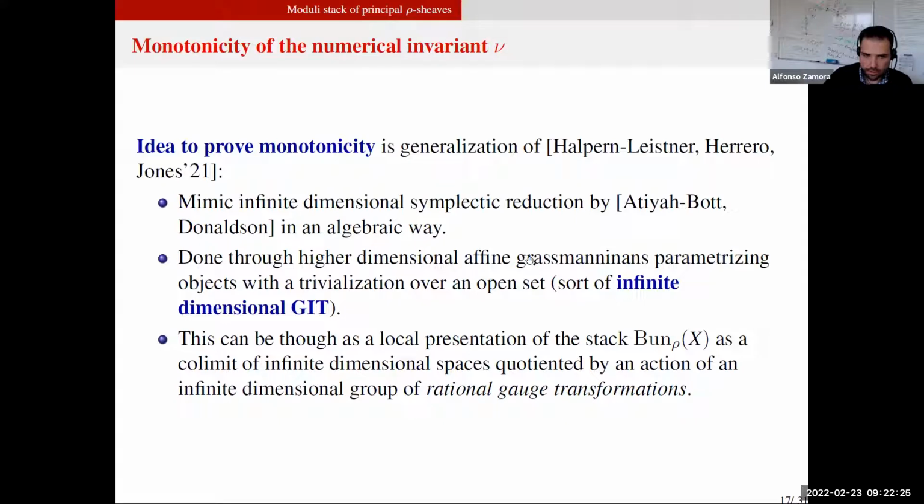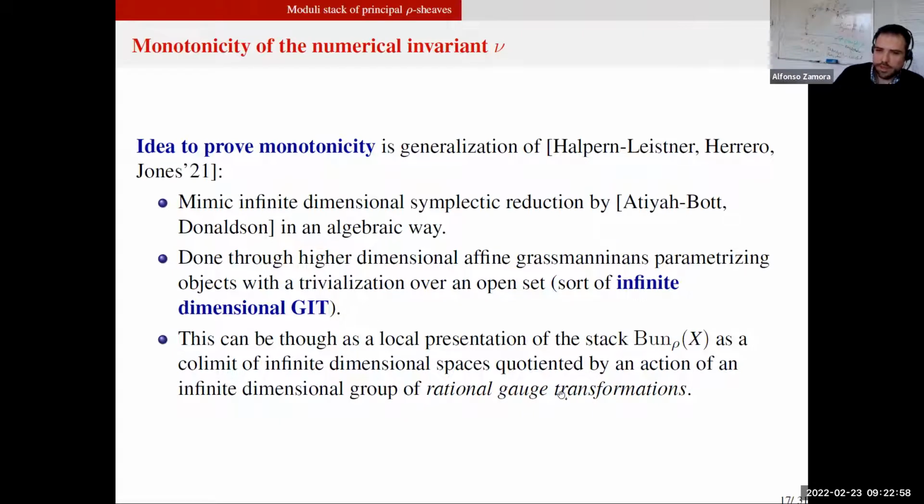This is done through an object called an affine Grassmannian of higher dimension, which parameterizes objects in somehow an infinite dimensional GIT. So instead of having a finite dimensional GIT problem, where we have a Quot scheme which embeds into a finite dimensional projective variety, and then in that projective variety we perform GIT, we perform somehow an infinite dimensional GIT process to all the Quot schemes at the same time.